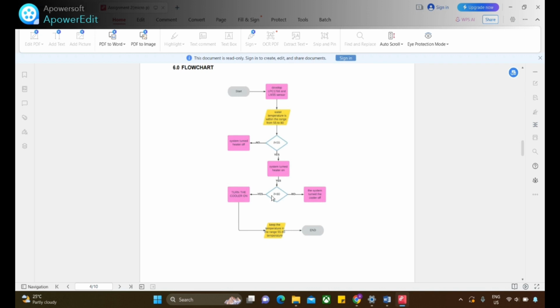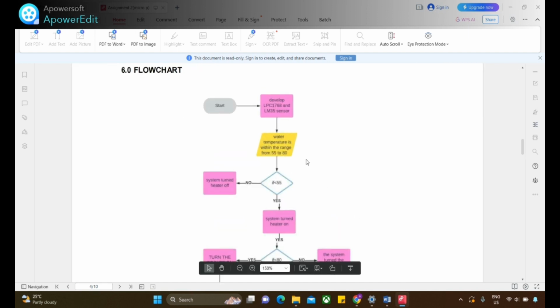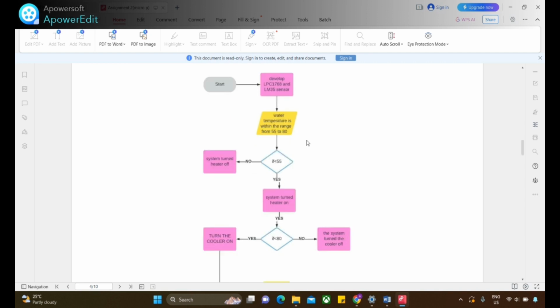Next is the flowchart from our group. First of all, we developed the LPC1768 and LM35 sensor using the software, and then we check whether the water temperature is within the range from 55 until 80.